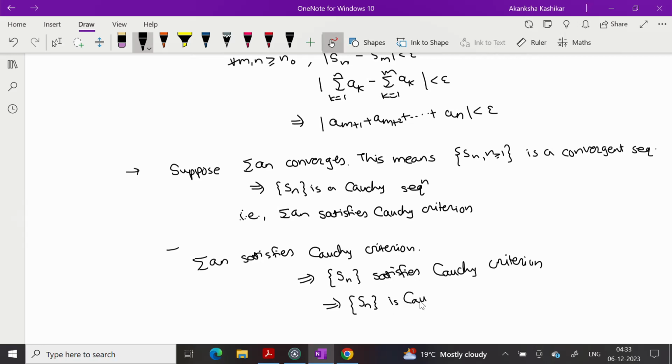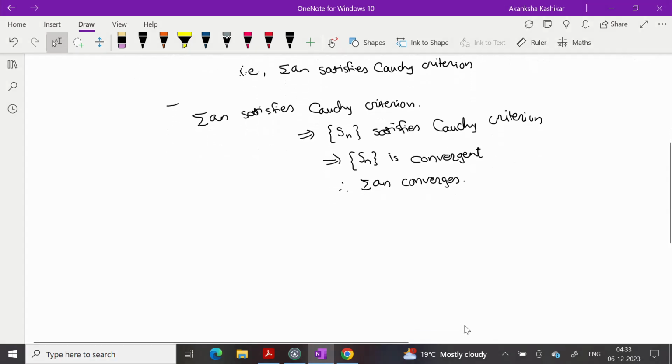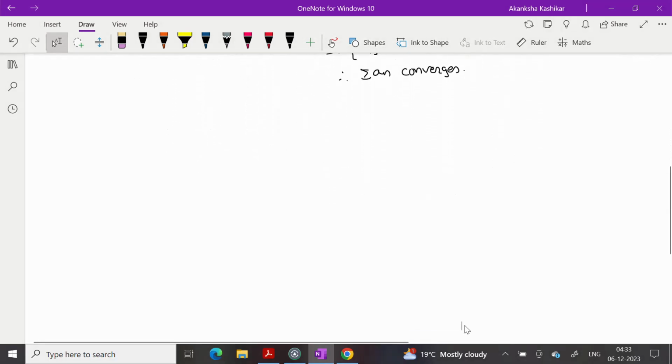We have proved that a real sequence is Cauchy if and only if it is convergent. So this implies Sn is convergent, and therefore summation an converges. Thus, the series is convergent if and only if it satisfies Cauchy criterion. Okay.